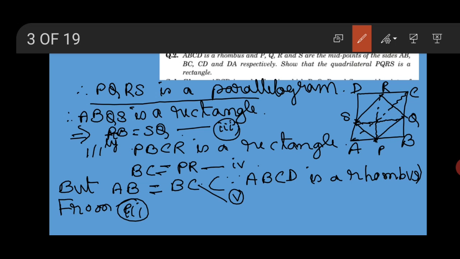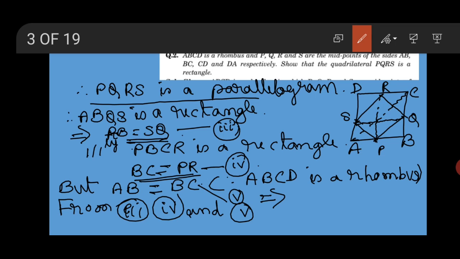Then from equation numbers 3, 4 and equation number 5, we can conclude that, look into the equations. BC is equal to PR, AB is equal to BC and AB is equal to SQ, implies what? SQ is equal to PR.